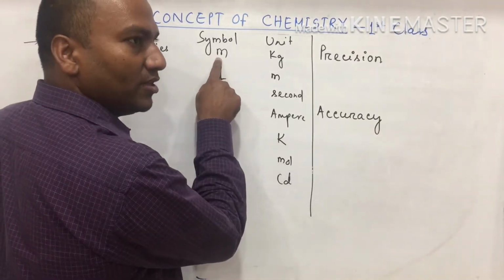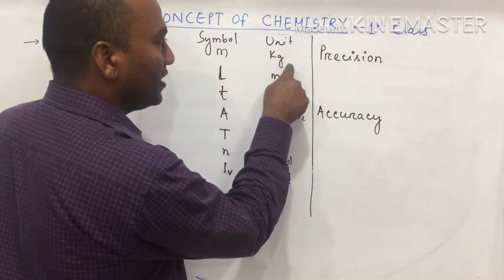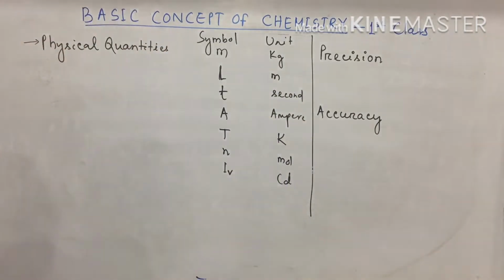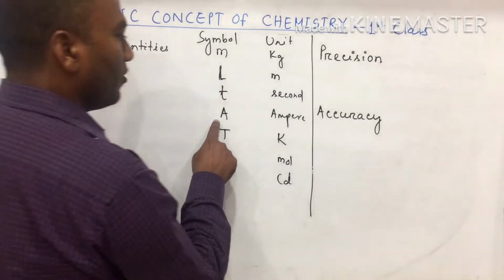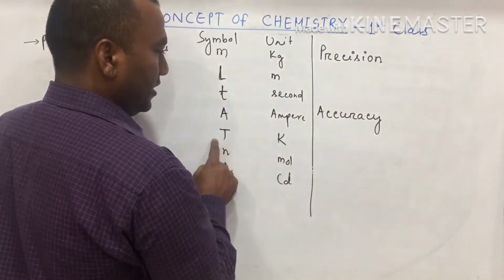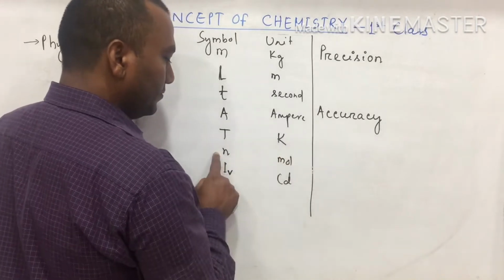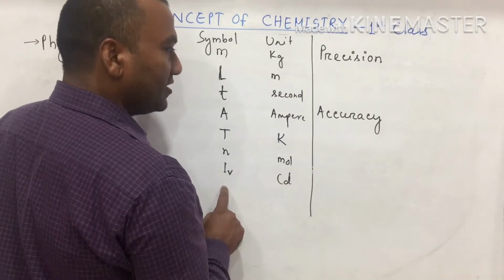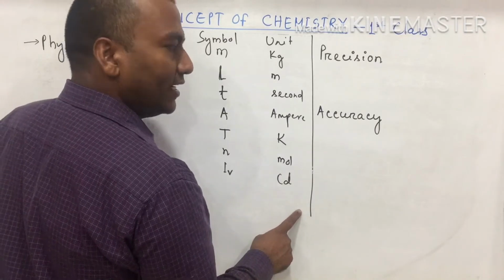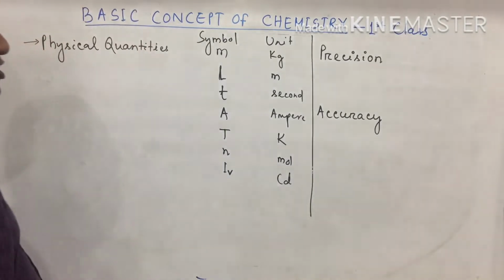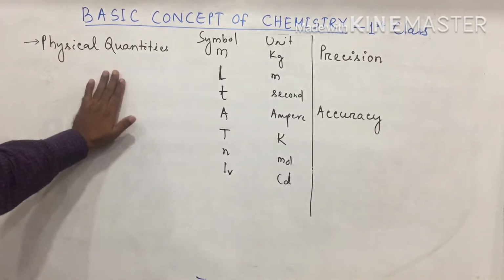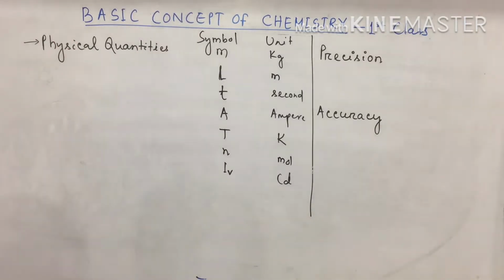Mass, its SI unit is kg; length, SI unit is meter; time, SI unit is second; current, SI unit is ampere; temperature, SI unit is Kelvin; amount of substance, SI unit is mole; and luminous intensity, its SI unit is called candela. These 7 physical quantities are called the base physical quantities. Clear now?